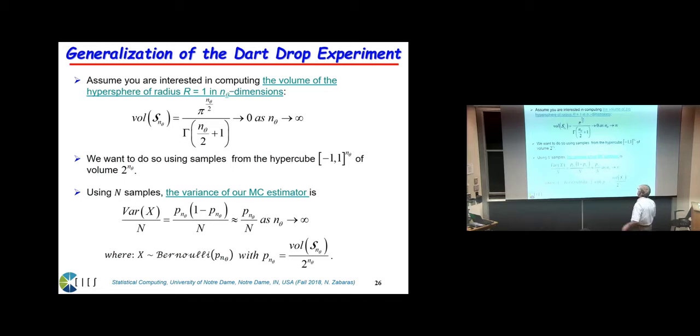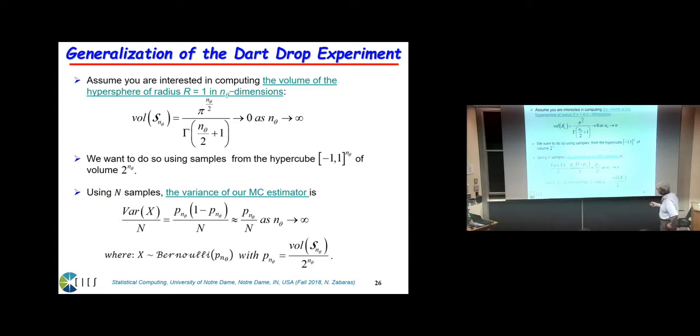And if you use n samples and you compute the estimator that we had before, which is the variance of x divided by n, you remember it's a Bernoulli distribution: the probability that you will hit the hypersphere minus the probability squared, the same formula I had before. And pi squared is way smaller than pi, so this is approximately pi over n.